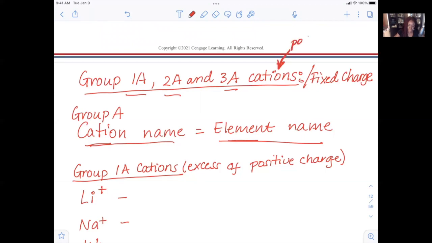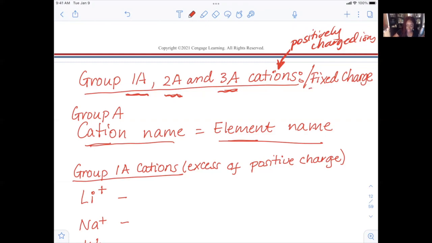These are positively charged. And just in case you have forgotten, these are metals, right? Positively charged ions. We're going to start with the metals. We'll start with group 1A metals, group 2A metals, and group 3A metals. And these are all cations because they're positively charged metals.